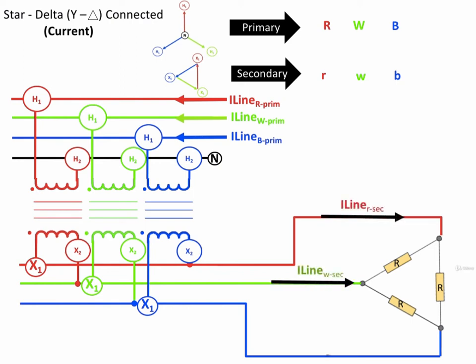And I'm going to do a similar thing on the secondary. The lines coming off of the transformer, I'm going to call I line lowercase r secondary, lowercase w secondary, and lowercase b secondary.